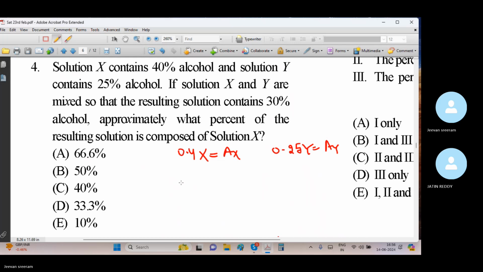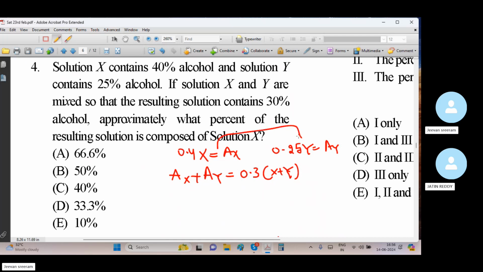Both have been mixed. Then what happened? 0.4X plus 0.25Y. Once it was mixed, only 0.3 times X plus Y. Both have been mixed. The resulting solution has 30% of X plus Y. Is it clear, buddy? Just add these two.